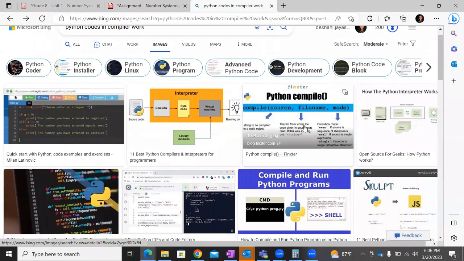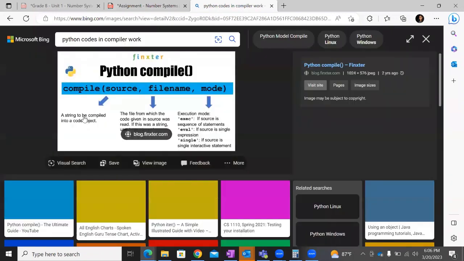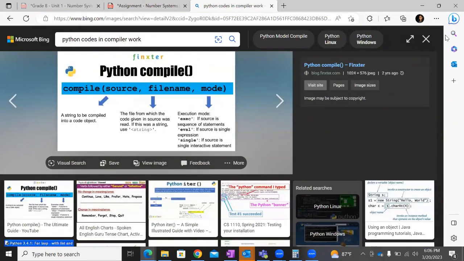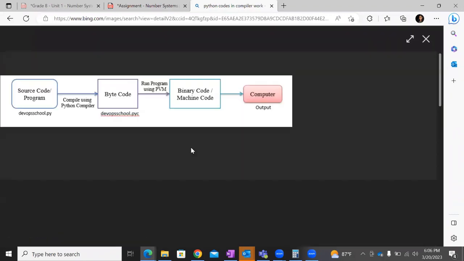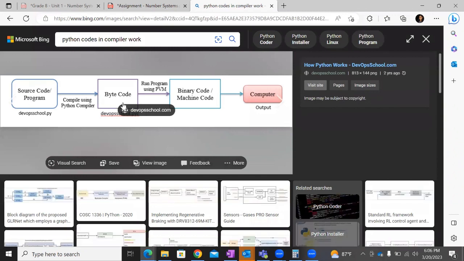So, like I said, whatever is in English will be converted to this language because the computer does not understand it. You can see source code, byte code, then binary code. So we have to get this into byte, then it will go into the binary section. Then only the computer will understand. We don't see it, but inside the computer this conversion is happening.